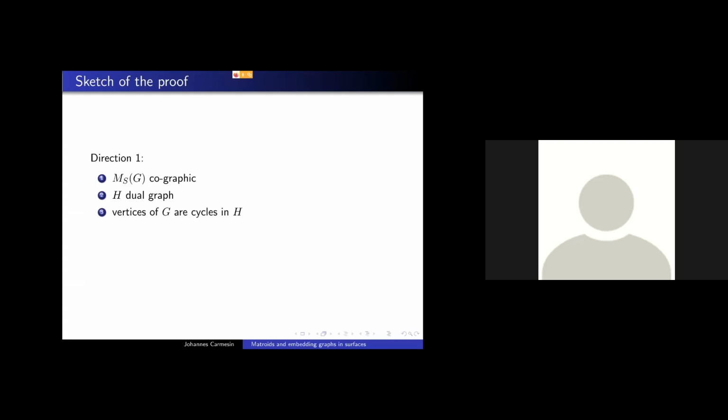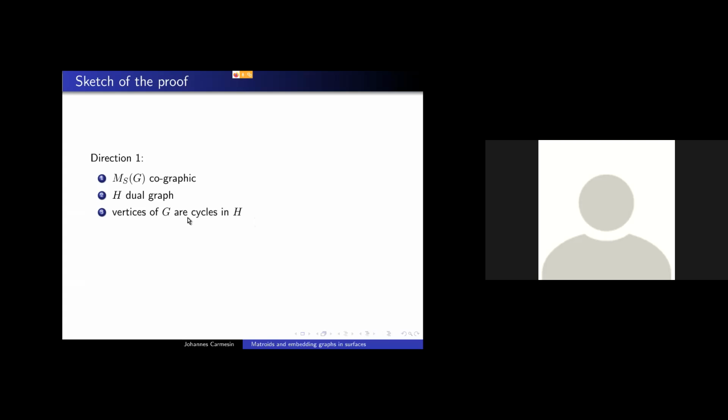And then the next thing you prove is that the vertices of the graph G are cycles in the graph H. So why should that be true? If you take a vertex and all the outgoing edges, then this would be a bond in the graph, right? So it's orthogonal to all the cycles in the graph H. And the set S is a subset of these cycles.